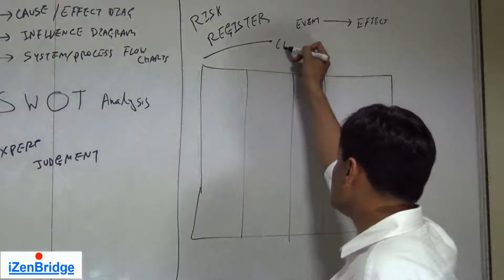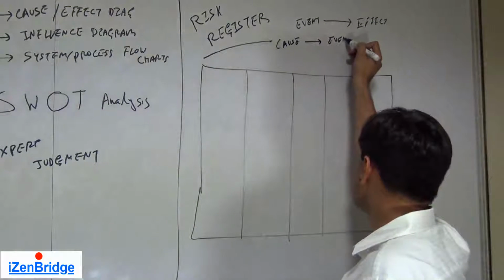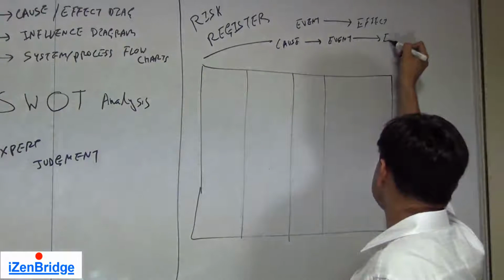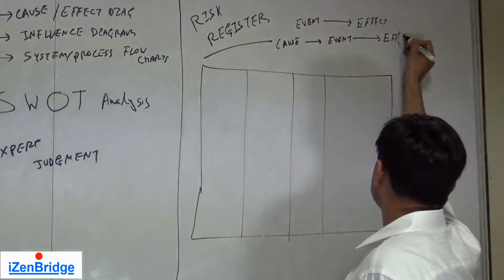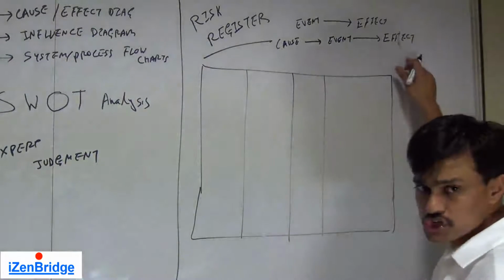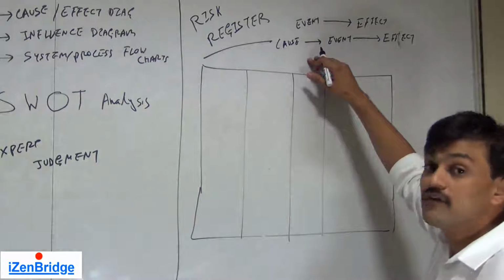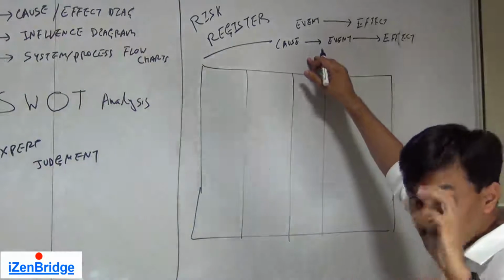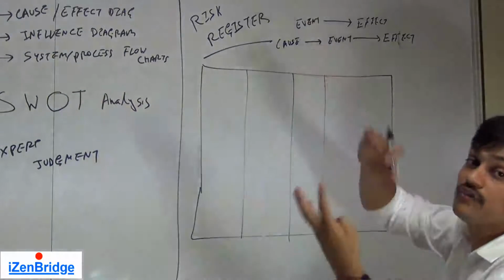Or it could be: because of this cause, this event can happen and it can possibly affect the project in this particular way. Having a structure for a risk statement helps the team to identify the right risk and pick the key elements or key pointers which are necessary for further analysis.